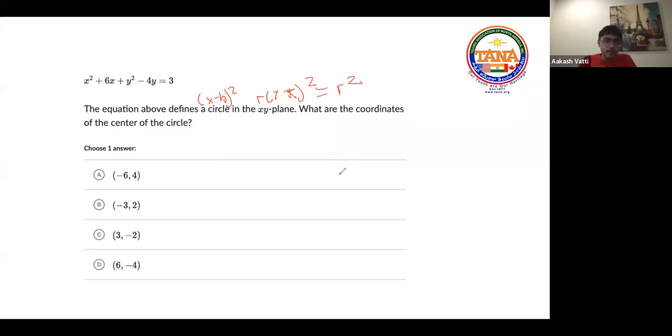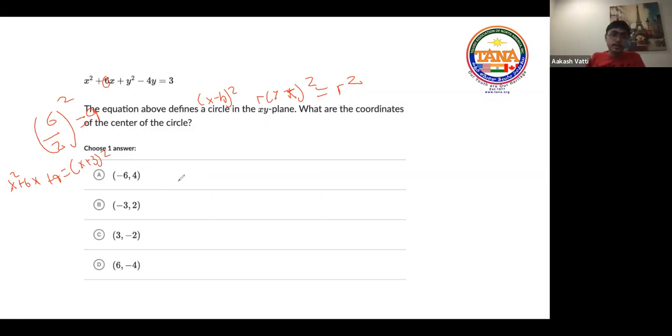And so remember, to find out the extra constant that you need to complete the square, you take 1/2 of this and square it. So you have 6/2 squared, which is equivalent to 9. So x squared plus 6x plus 9 is the same thing as (x plus 3) squared.